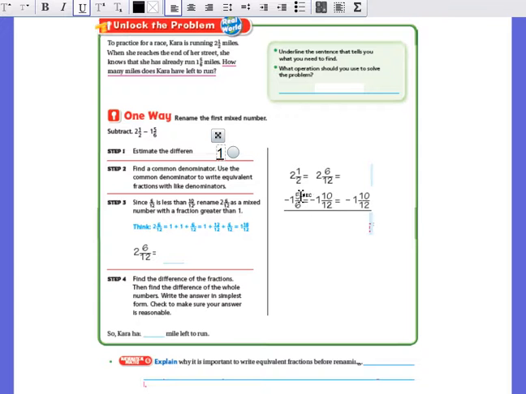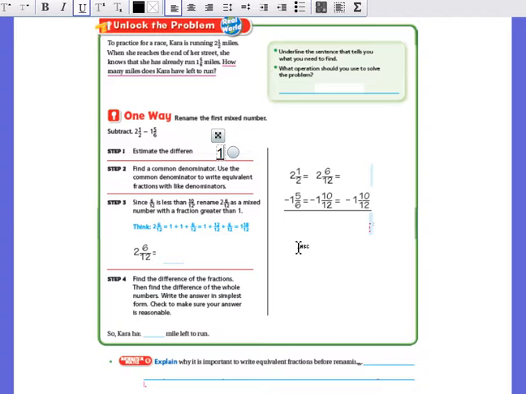So let's do that. If I look, I have 2 and 6, which is the same as having 12, because 2, 4, 6, 8, 12. So they multiplied these two together to get their 12.